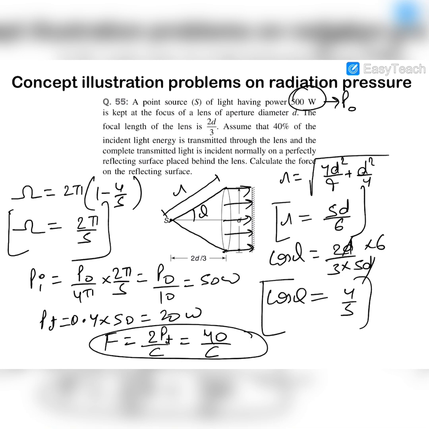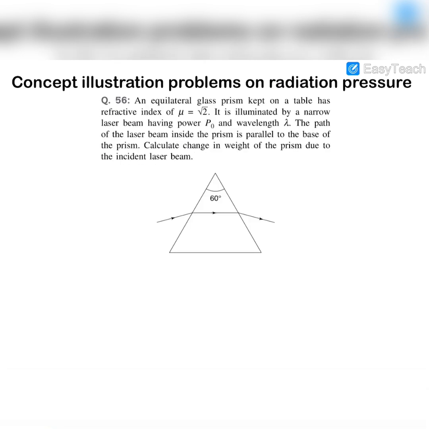Now let's move on to the next question. In this question you can see that there is an equilateral prism which is kept on a weighing machine, which is kept on a table, and the refractive index of the prism is root 2.